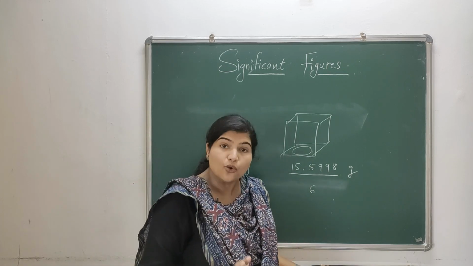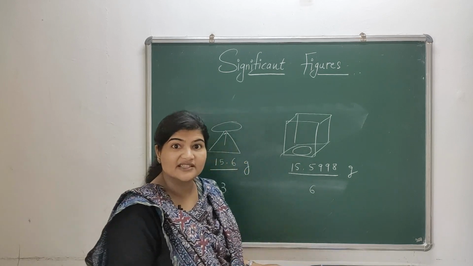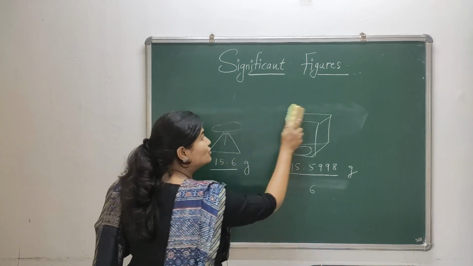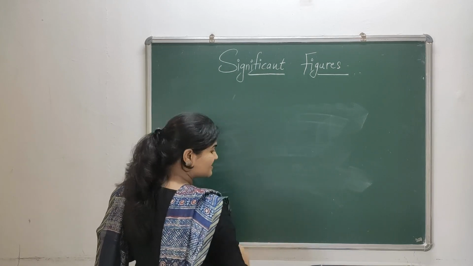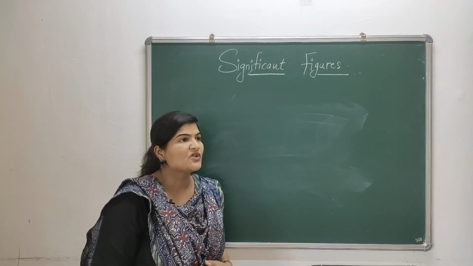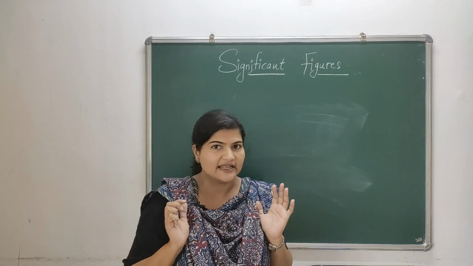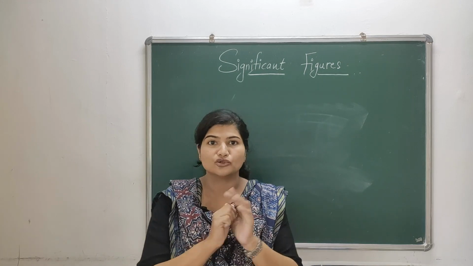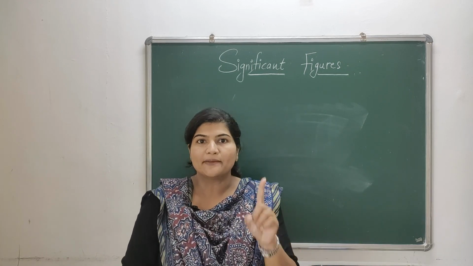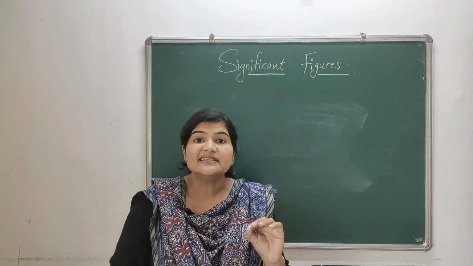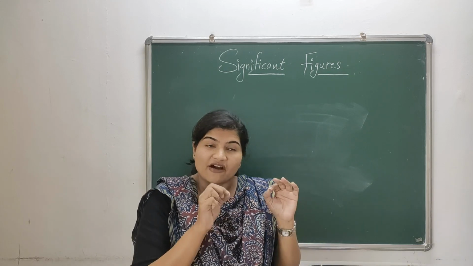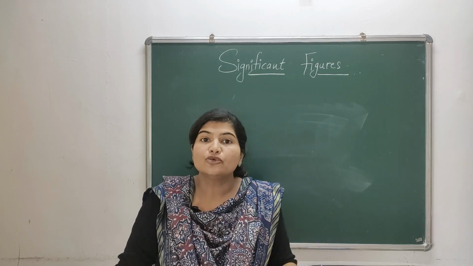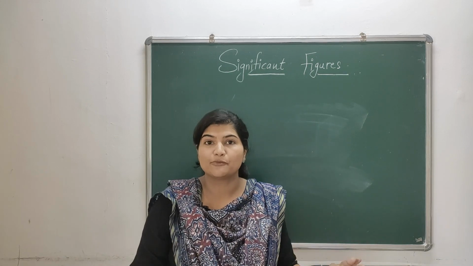Now, as we know what significant figures are, let's find out how to calculate the number of significant figures in the given number. There is a certain set of rules and we have to follow those rules. Rule number 1: decimal point placement is not considered. Our significant figures are going to be independent of decimal point placement.